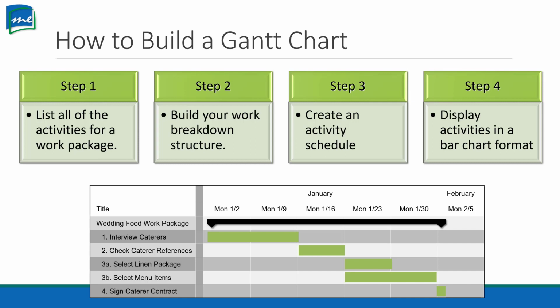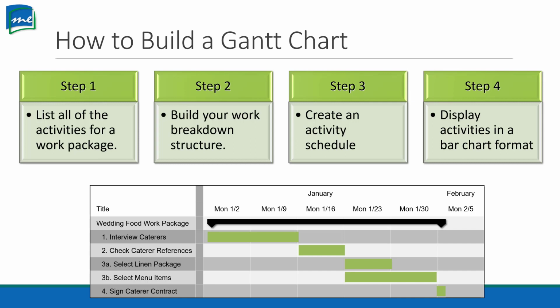But number 4 can't start until 3B is finished. So you see how you can see some dependencies here. Hopefully this is not that confusing. If you reach out to me, I will definitely explain this better for you one-on-one.